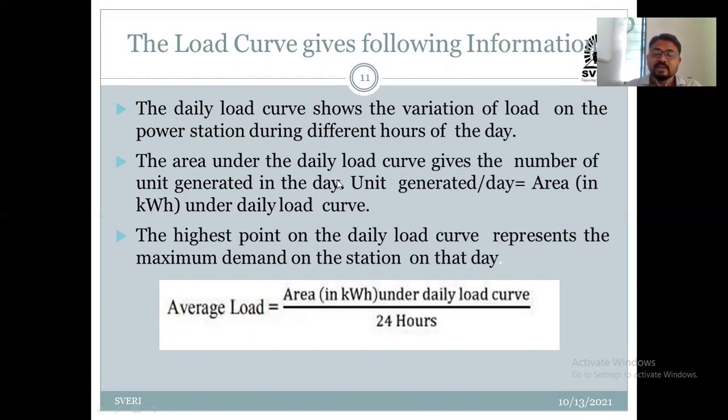That means we have to plot the daily load curve. They have not said to take monthly or weekly. The area under the daily load curve gives us units generated per day. Everybody got this? This is a multiple choice question and very, very important. Units generated per day is equal to the area under the daily load curve, but that area is in kilowatt hour. I have already told you.